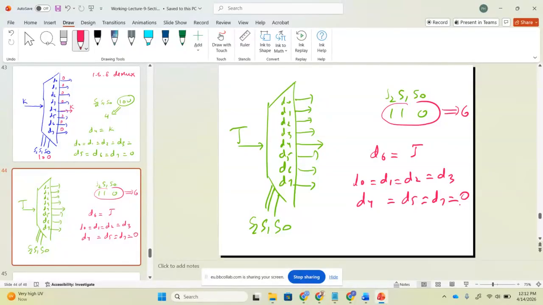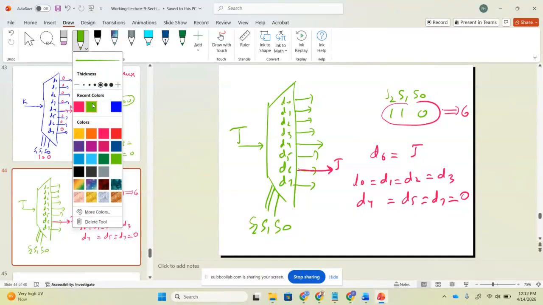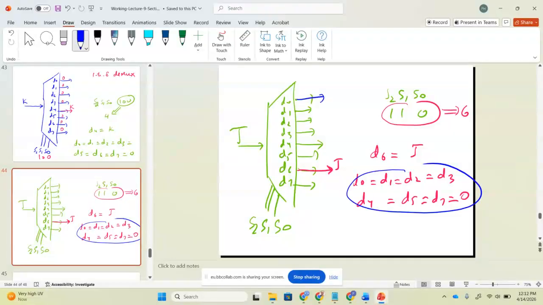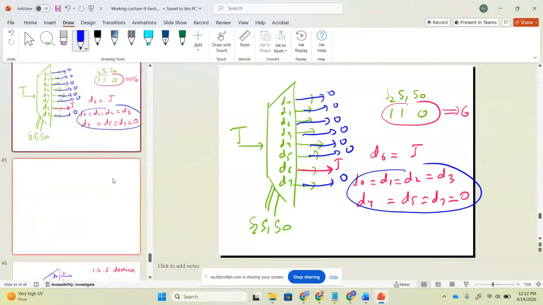So in this case, D6 will be equal to J, and all of the remaining, and I'm using the blue color for it, will be 0. So there will be 0, 0, 0, 0, 0, 0 and 0. Any question?